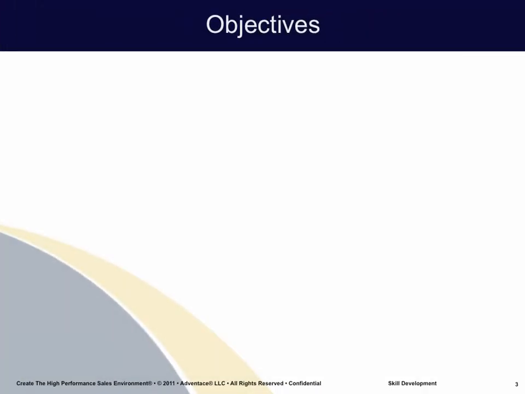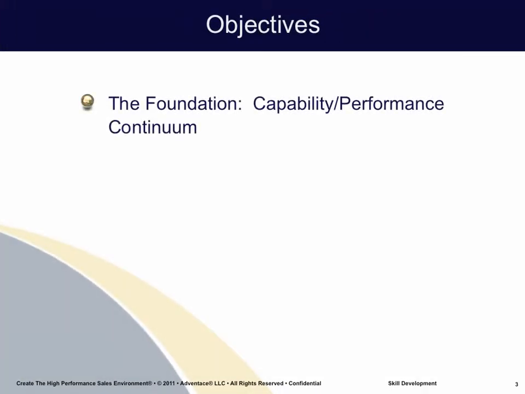Our objectives will be to first, provide you with the concept at the foundation of skill development, the capability performance continuum. Next, we'll show you how to assess the skills of an individual. Although we'll show you an example for a salesperson, we have similar skill systems for sales managers, senior sales managers, and channel managers.